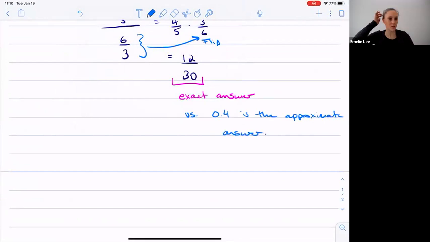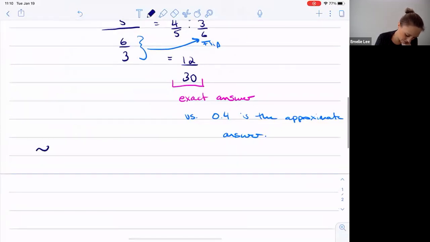As soon as you have some sort of decimal, in this case it terminates, right? 0.4. So we can use 0.4, but it's still considered approximate. All right, so that's the end of our review.